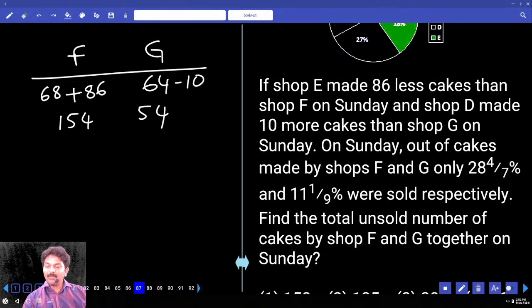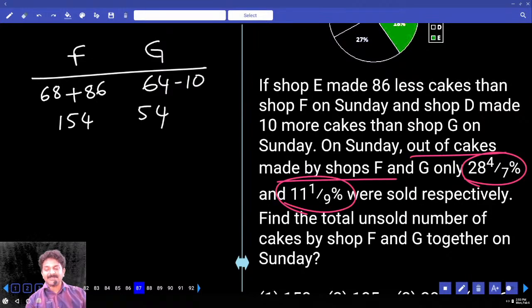Now, out of cakes made by shop F and G only, 28 4/7% and 11 1/9% were sold. So, how many were sold? 28 4/7%, that is 2/7 only.